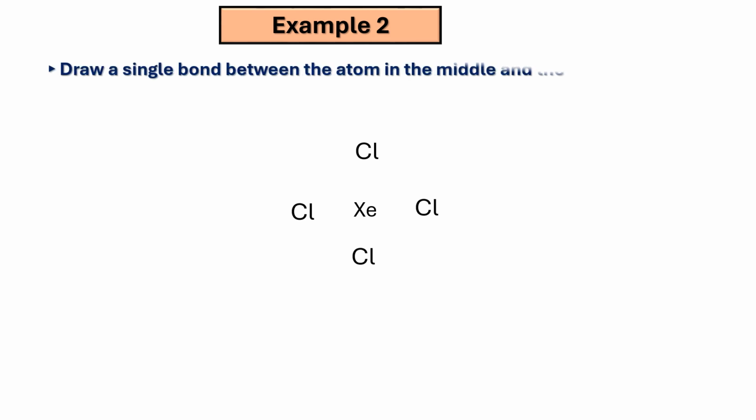The next step is to draw a single bond between xenon and each chlorine. We know that each bond provides 2 electrons, so therefore xenon has 8 electrons since it has 4 bonds around it.